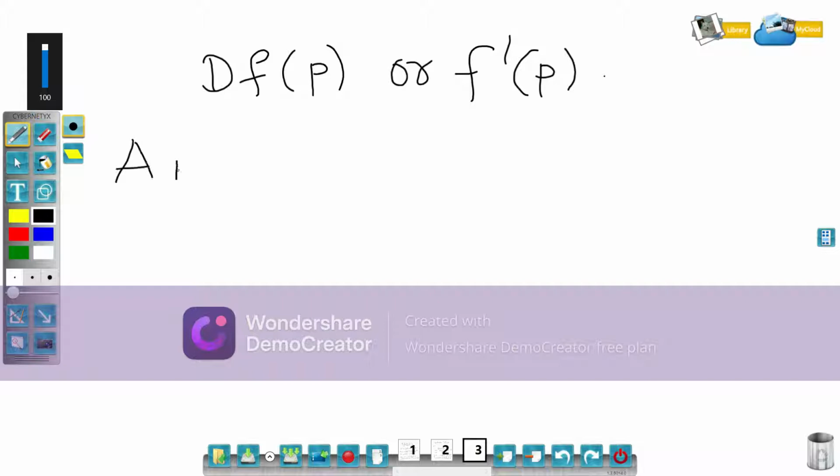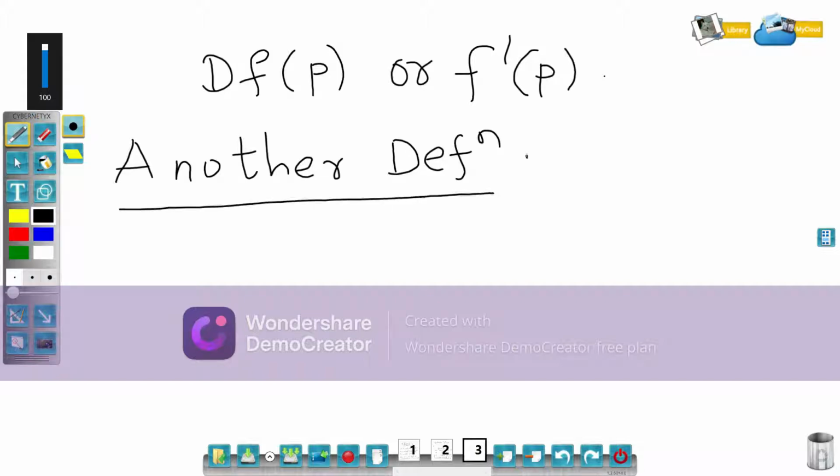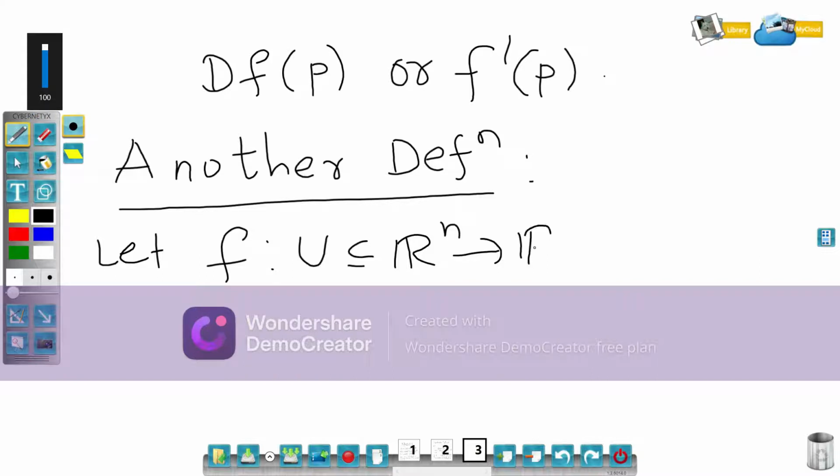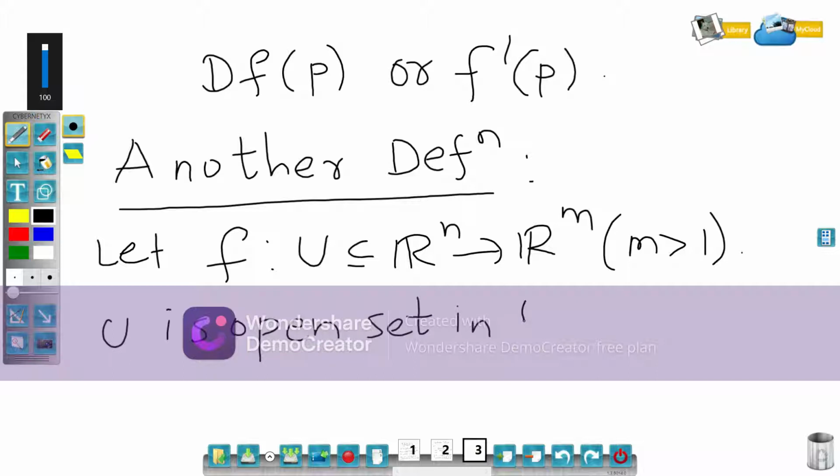There is another definition in terms of error function. Let f be a function from U subset of Rn to Rm, where m is greater than 1, a vector valued function. U is an open set in Rn.